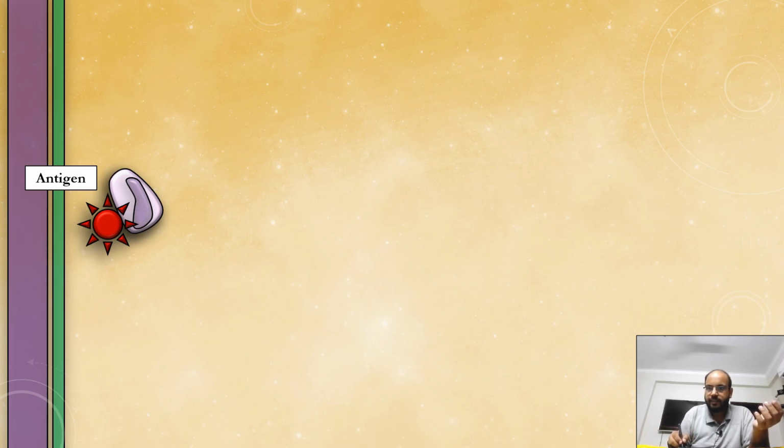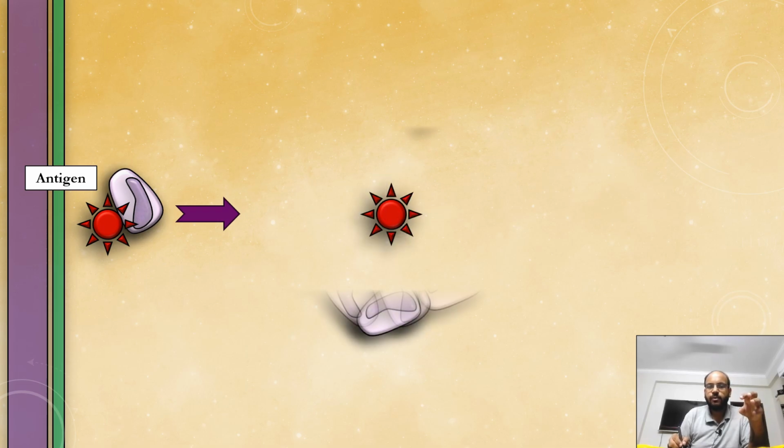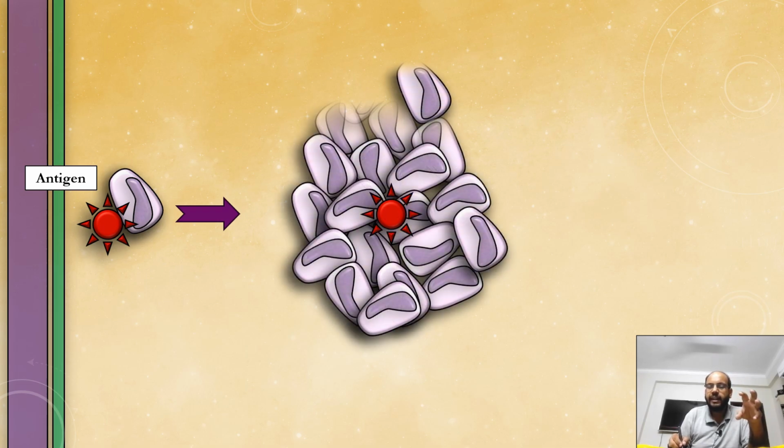So you have an antigen and then you have histiocytes which are modifying each other. These histiocytes will then call different types of histiocytes which will surround the antigen. Okay, so different histiocytes will come and they are going to surround the antigen and will have a collection of histiocytes. Okay, and why are they forming a collection around an antigen?